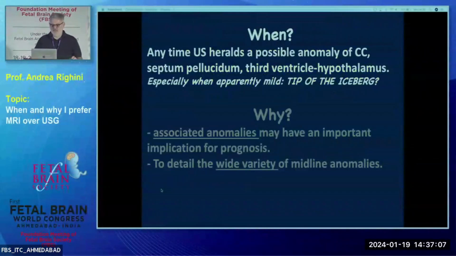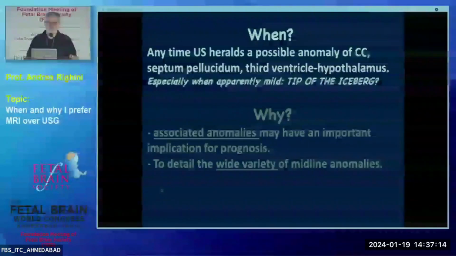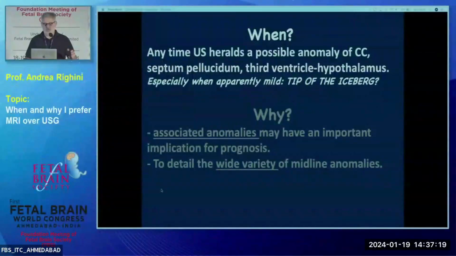Traditionally, when you ultrasound and they notice something wrong about midline structures, entities like septum pellucidum, corpus callosum area, or around the third ventricle hypothalamic area, an MRI is often prescribed, especially when those anomalies seem to be mild, because we always are afraid that it could be the tip of the iceberg.